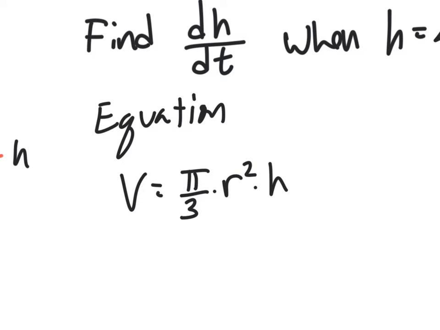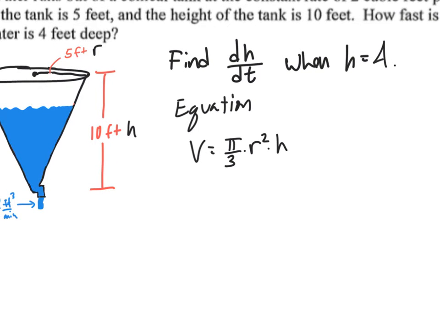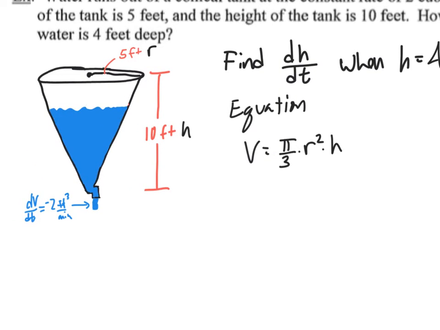So one of the things that I need to do here is take its derivative. But before I do that, I need to realize that I'm trying to find dh/dt when h is equal to 4. I'm not given any information about the radius of the cone that's created by the water when the height is 4 feet.